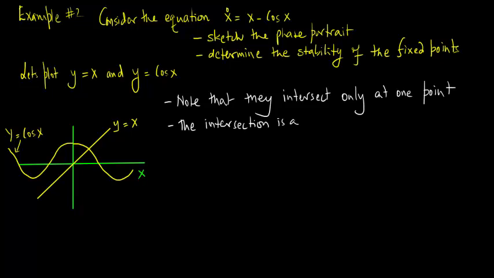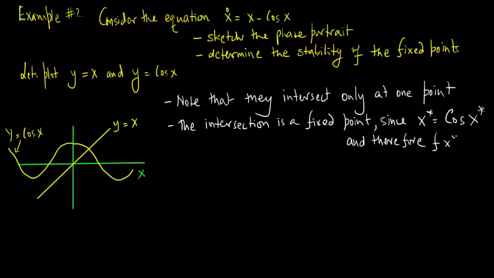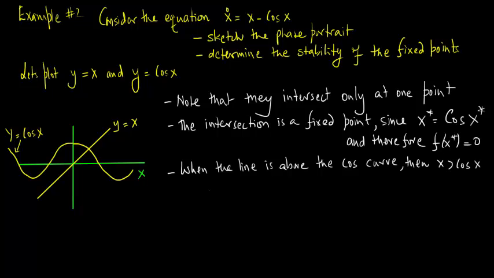The intersection is a fixed point since x star is equal to cos x star, and therefore f of x star is equal to 0. When the line is above the cosine curve, then x is greater than cos x and x dot is greater than 0, and so the flow is to the right.